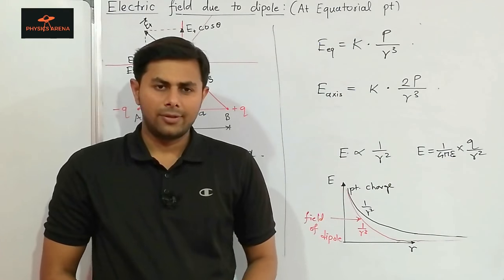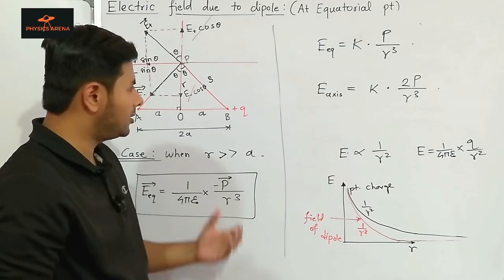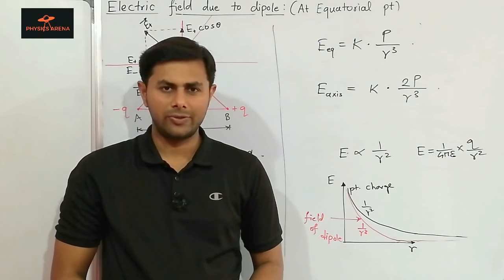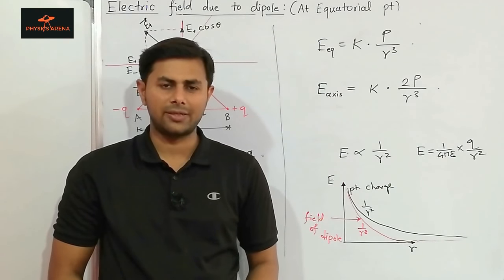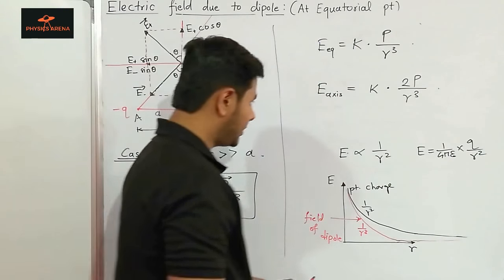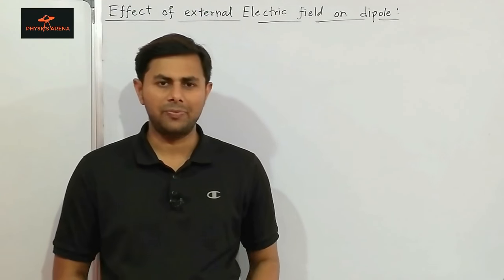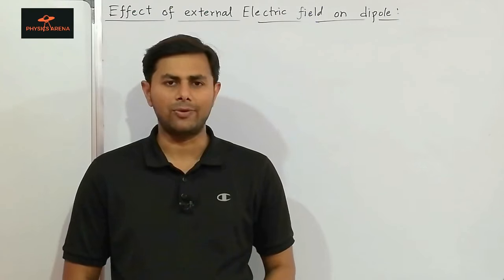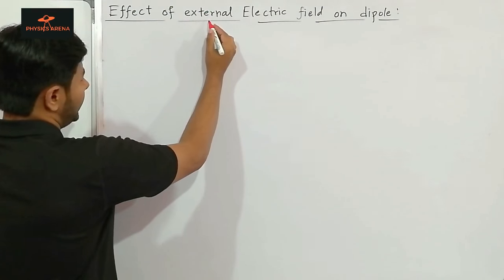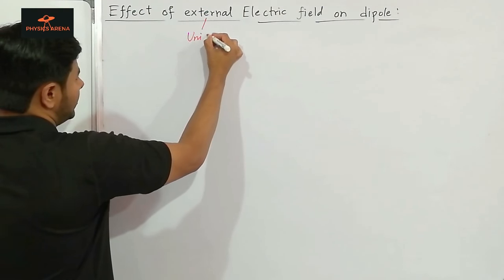Okay, now we are familiar with the electric field of a dipole. Now let's move on to the next point, which is the effect of external electric field on an electric dipole. So let us erase this part. Okay, so let's find the effect of an external field on a dipole. We are interested in a particular external field, that is a uniform electric field.